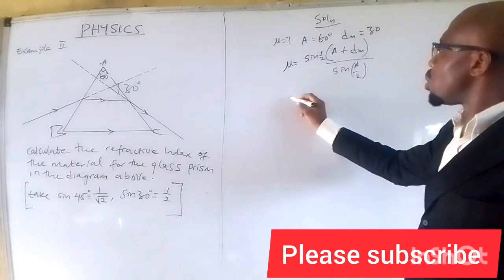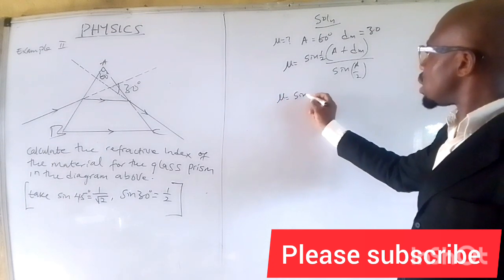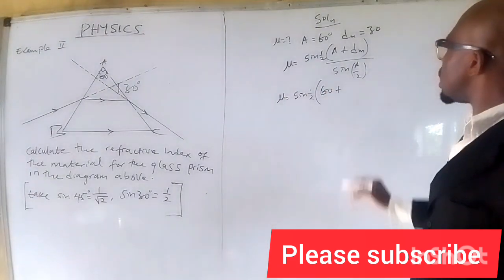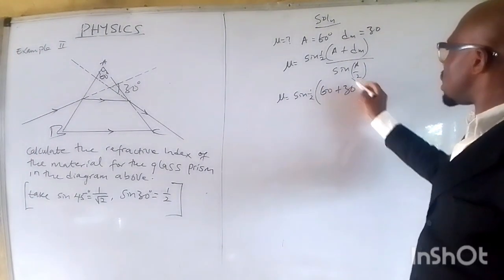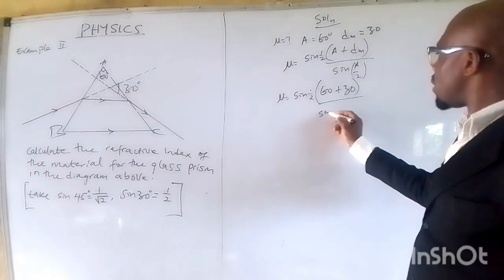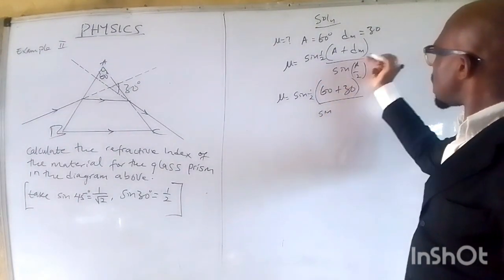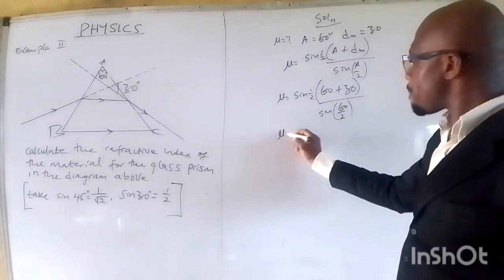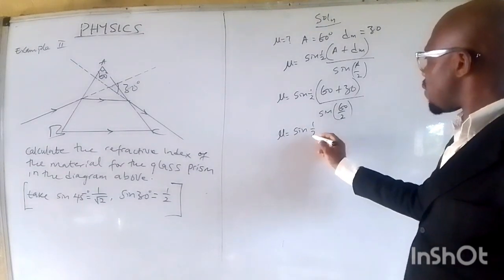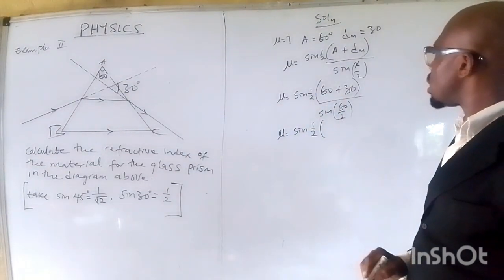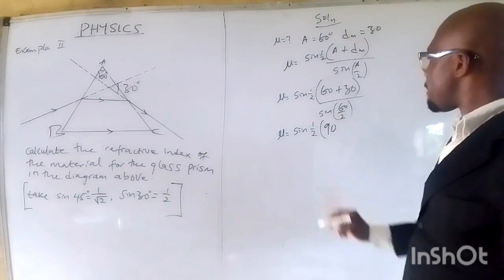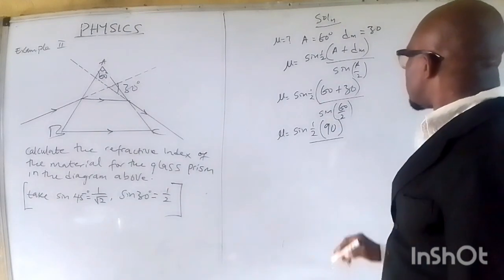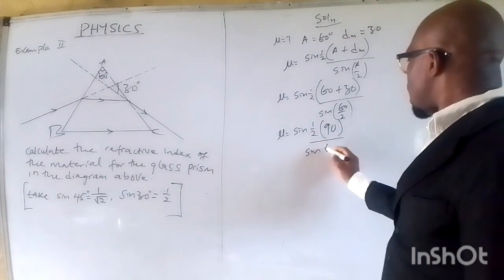Now we substitute. Mu is equal to sine half into A, we have 60 plus D min, D min is 30, all over sine 60 over 2, which will give us that mu is equal to sine half into this plus this, which will give us 90, all over sine 30.